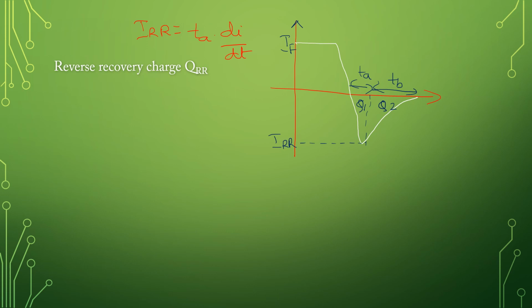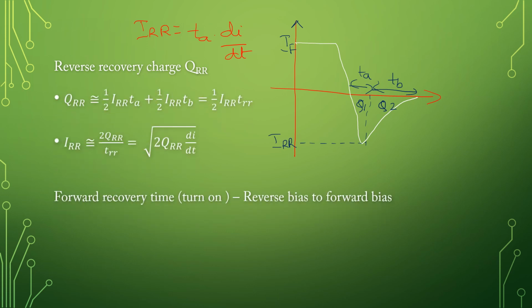So your reverse recovery charge QRR can be written as the sum of the charge recoveries in the two regions Q1 and Q2. Q1 is during the interval TA and Q2 is during the interval TB.